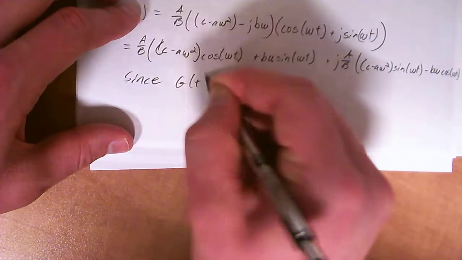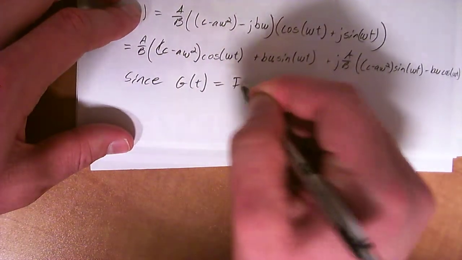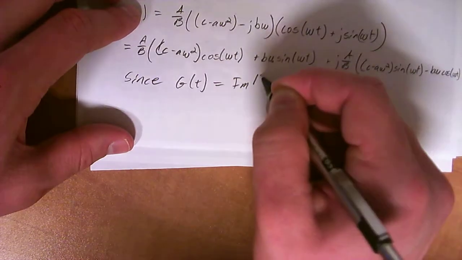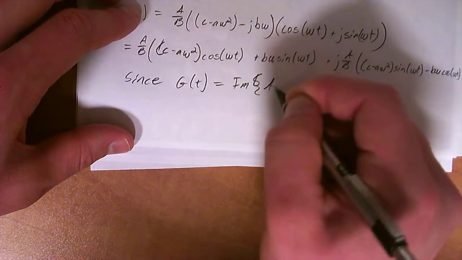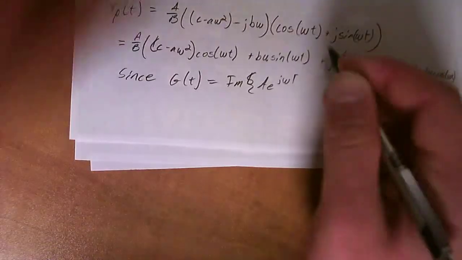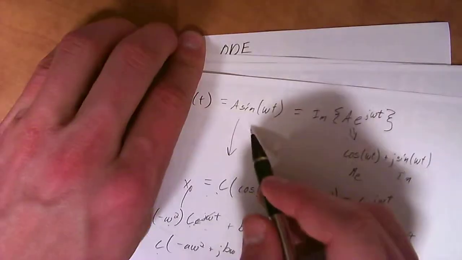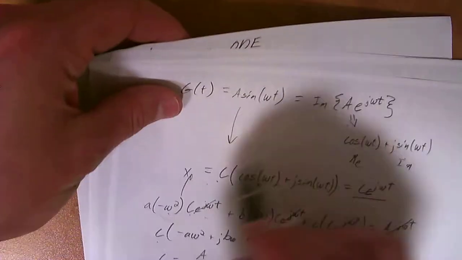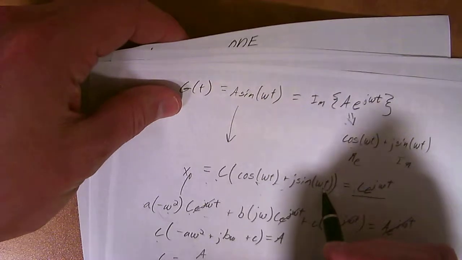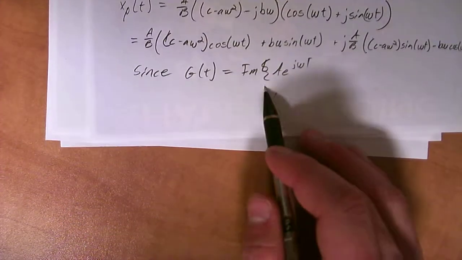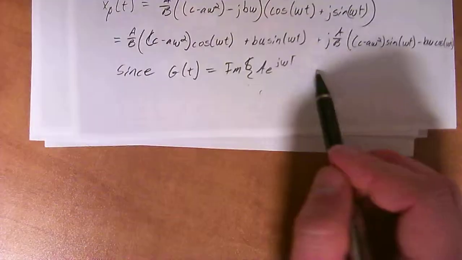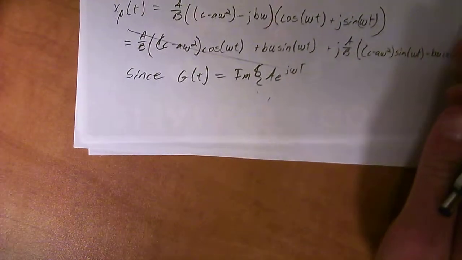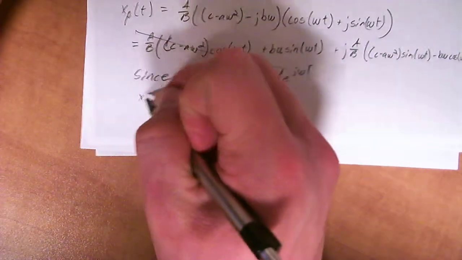So now, since g of t is equal to the imaginary part of A e^(j omega t), because we're equal to sine, which is the imaginary part of this, but we've been solving it as if we have the entire thing because it's easier in the notation. Since we only need the imaginary part, we can basically kill this whole real part right here.